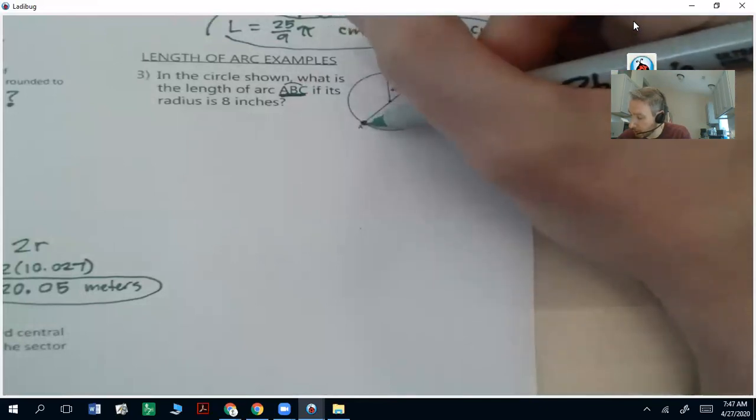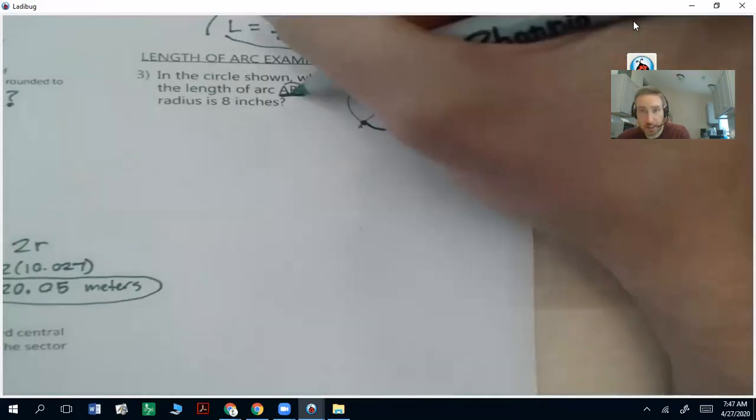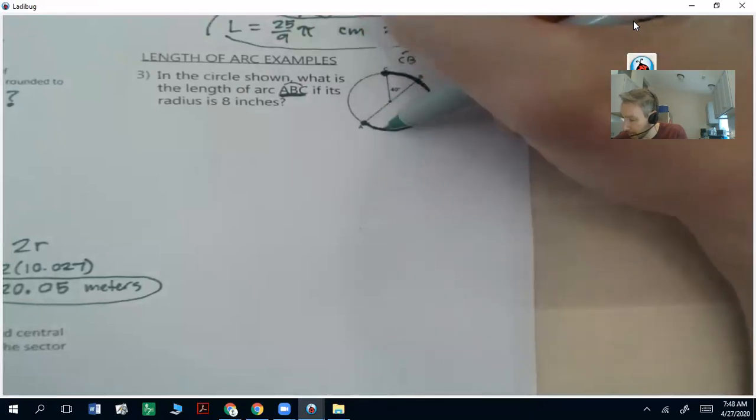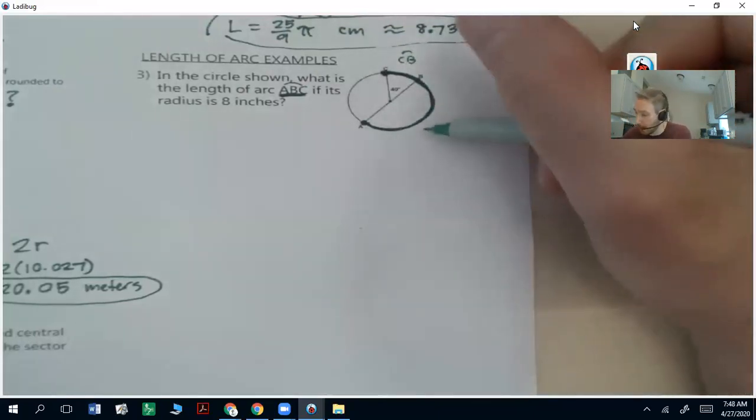So I need to go this direction, that's counterclockwise, and then continue until it finishes up at C. So that is actually the arc I need to find the length of. It's not just this portion here. It's CB and AB together.